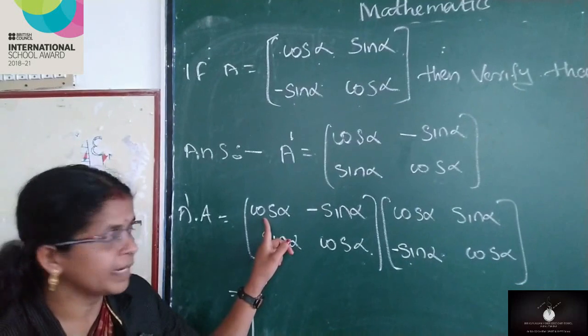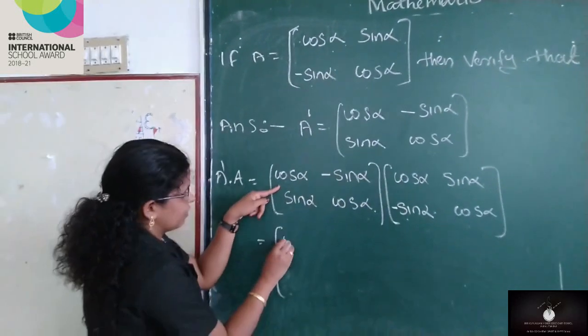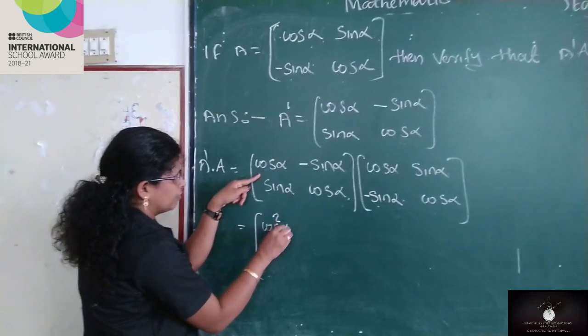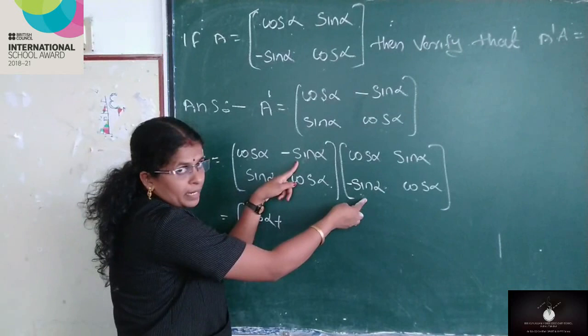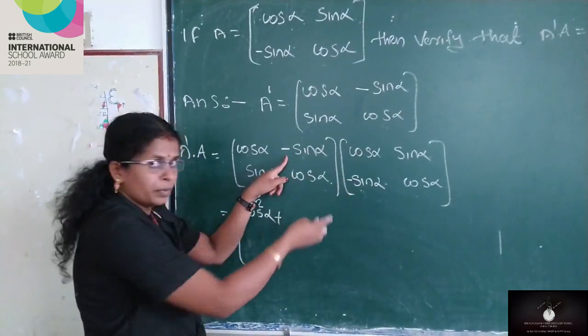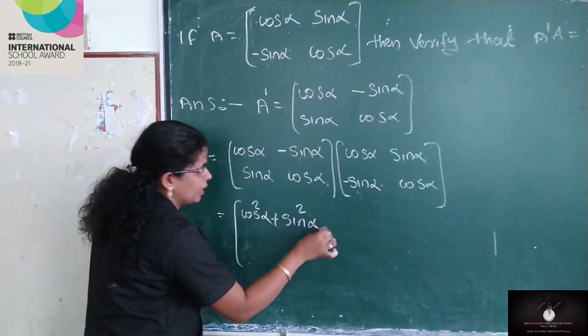First element, how we will get? First row into first column. So cos alpha into cos alpha, cos square alpha, plus minus sin alpha into minus sin alpha. So negative into negative, positive. Sin alpha into sin alpha, we can write sin square alpha.